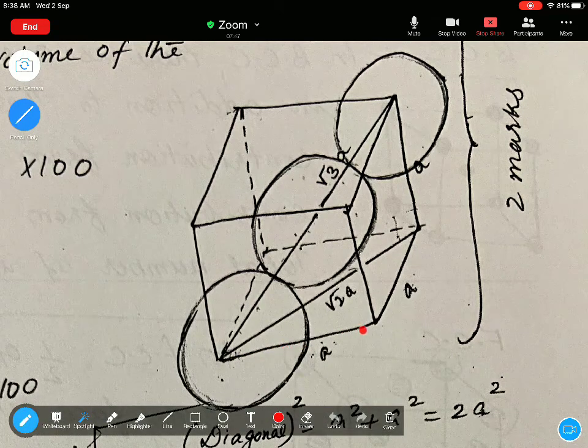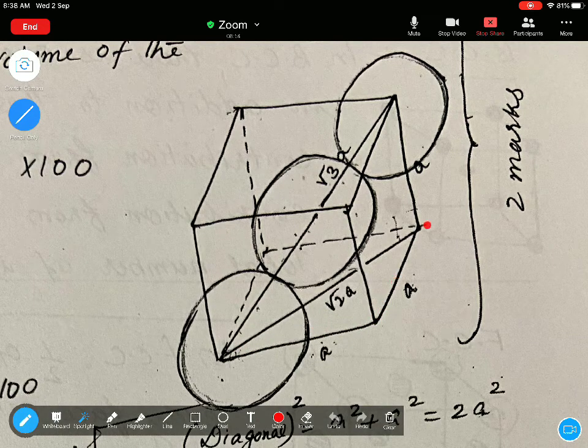This is the edge length A. We call it the cell dimension also. What is the relation between A and R? This length will be root 2A, because this is a Pythagoras triangle.